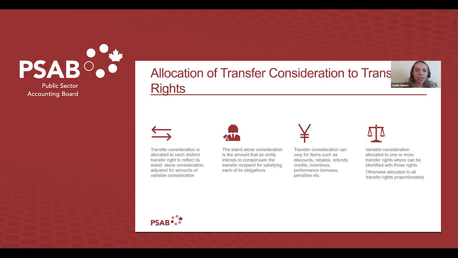When the variable consideration can be identified with one or more transfer rights, the variable consideration is allocated to those transfer rights alone. When the variable consideration cannot be identified with one or more transfer rights, the entity allocates the variable consideration to all the transfer rights proportionally to their share of the transfer considerations, excluding variable consideration that cannot be identified with one or more transfer rights.